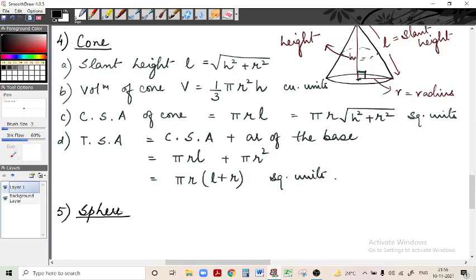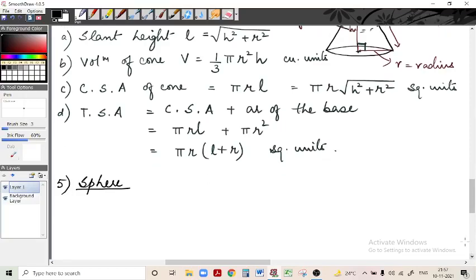In case of sphere, your ball is a sphere. A solid sphere can be there, or a hollow sphere can be there. So let us talk about sphere now. Sphere is a ball shaped, round shape. This is r, r is the radius.